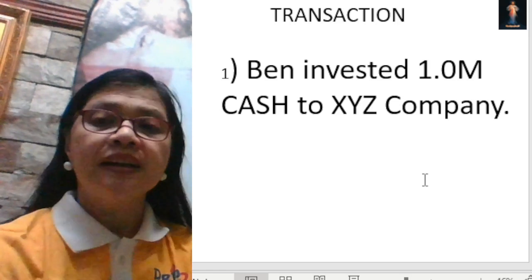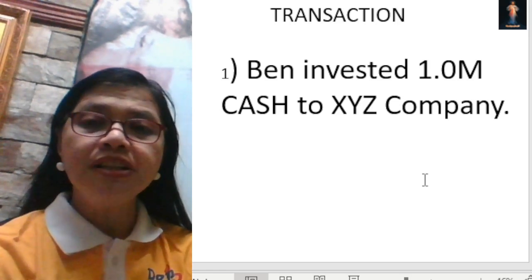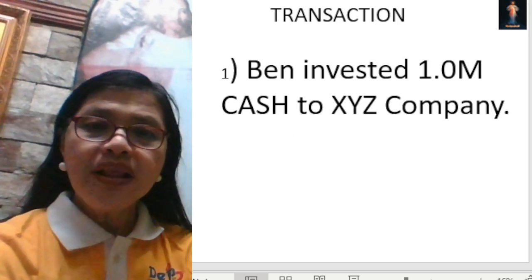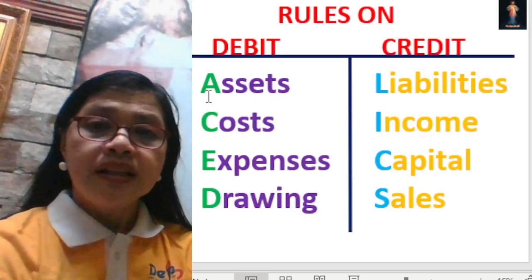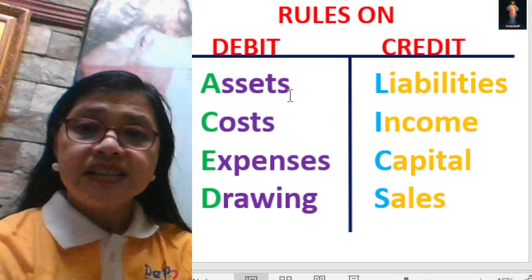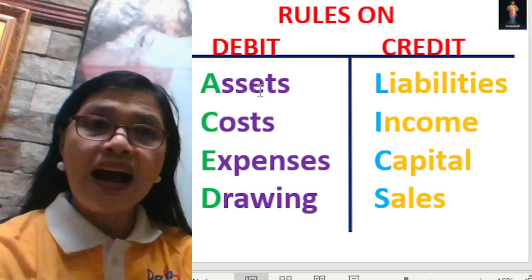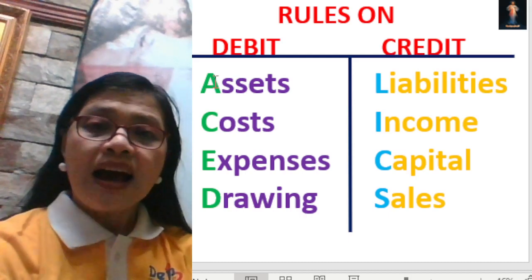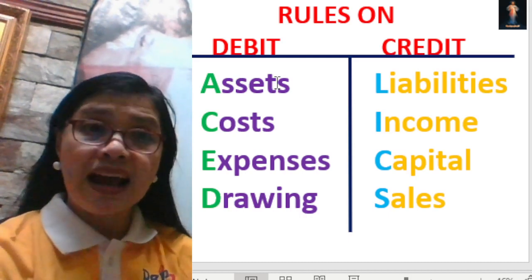In this case, Ben invested 1 million cash to XYZ company. Then we will analyze it by, again, cash is a form of what? Asset. We have studied that in the past weeks. An example of asset is cash.